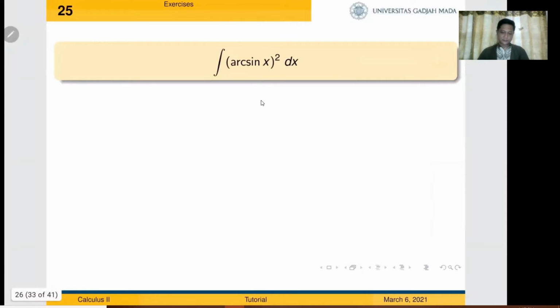So we can start with the second question. We have the integral of arcsin x squared dx. So we try to integrate it. Again, if we have this kind of form, then we try to substitute, because we don't have any standard form like this.